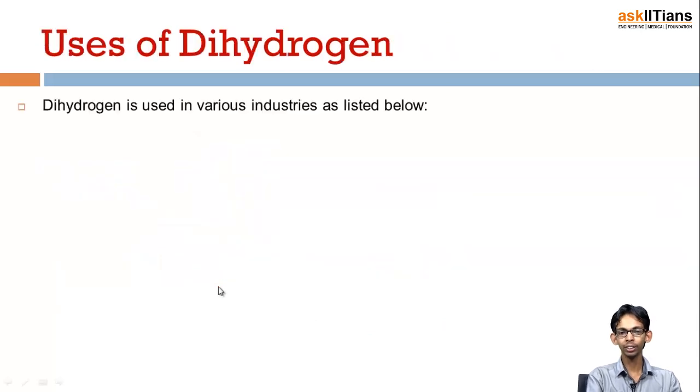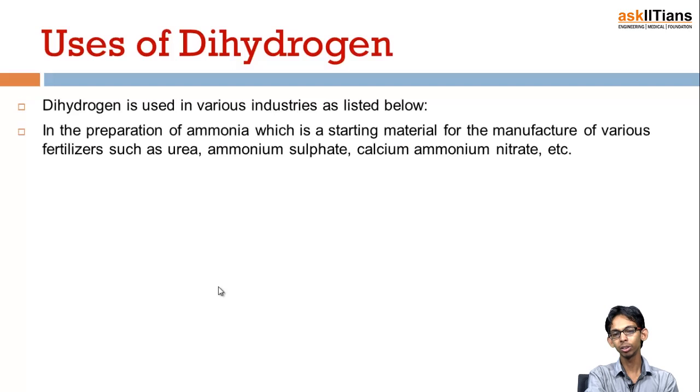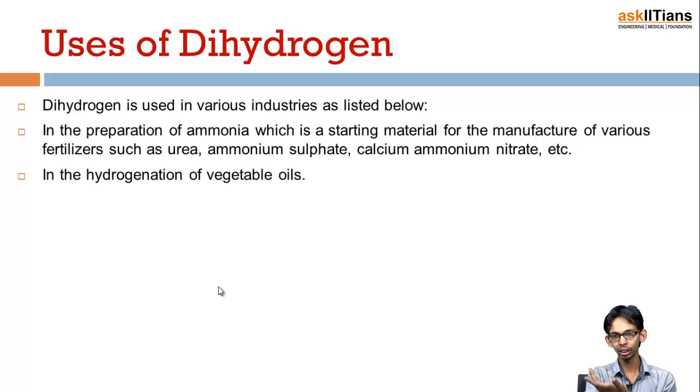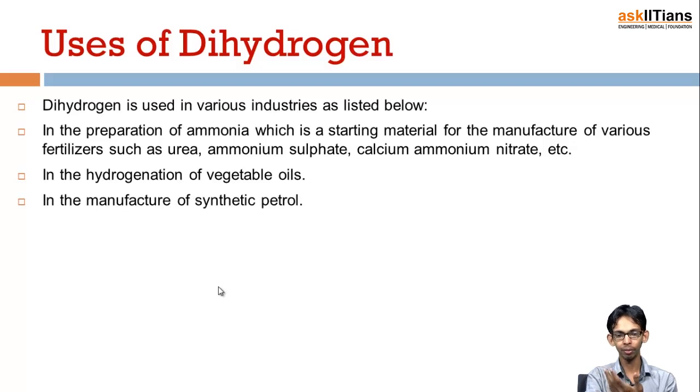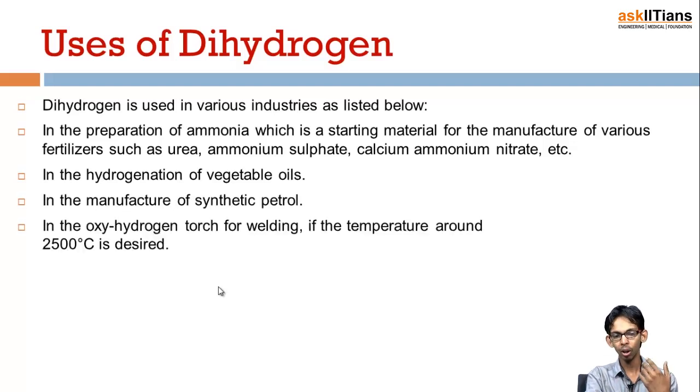Now, uses of dihydrogen. Dihydrogen is used in various industrial processes, like the preparation of ammonia, which is further used for preparation of various fertilizers like ammonium sulfate, urea, calcium ammonium nitrate, ammonium nitrate, etc. It is used for hydrogenation of vegetable oils. It is used in manufacturing of synthetic petrol.